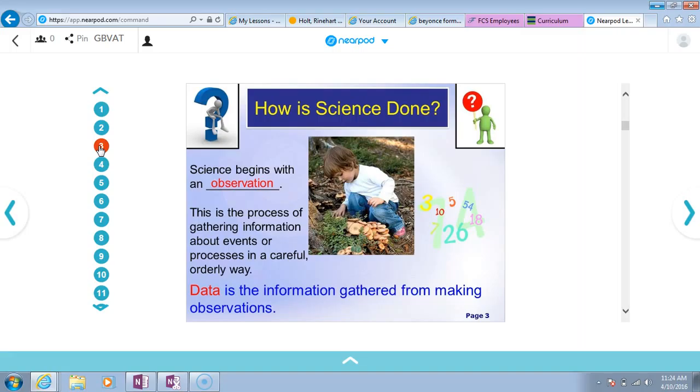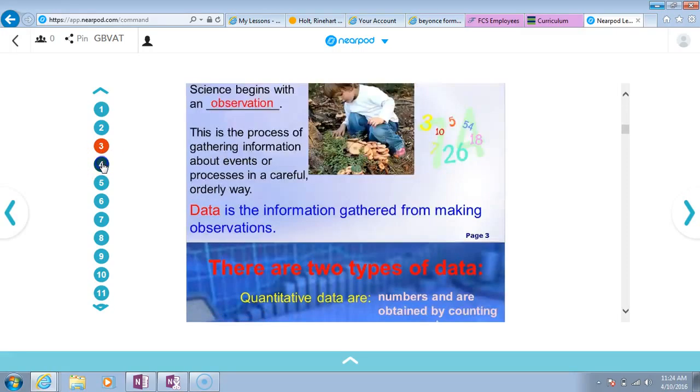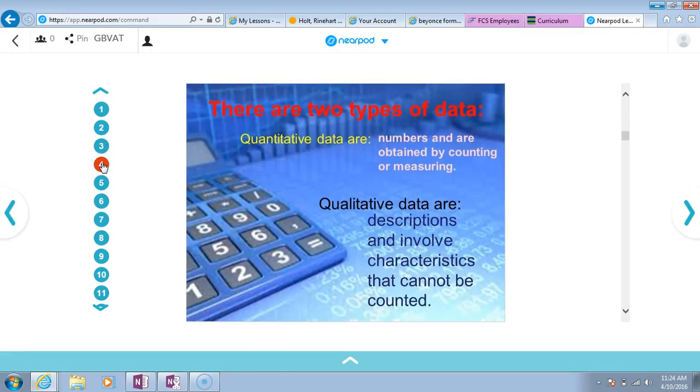Okay. Using the scientific method and its components. All right. There are two types of data: quantitative data and qualitative data. Now, quantitative data deals with numbers and is attained by counting or measuring. Okay. Qualitative data are descriptions and involve characteristics that cannot be counted. Okay, I'll say it again.